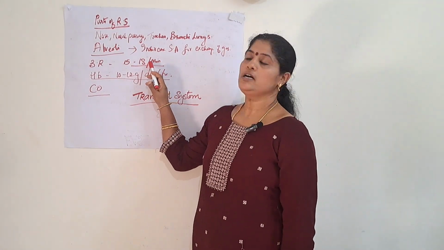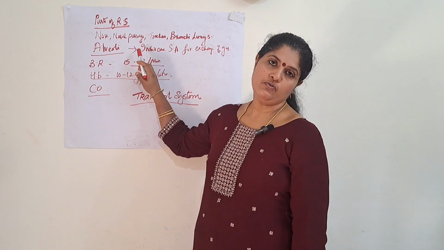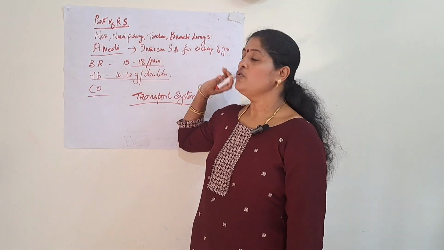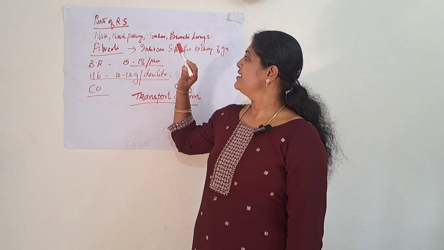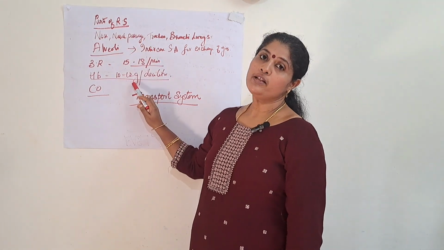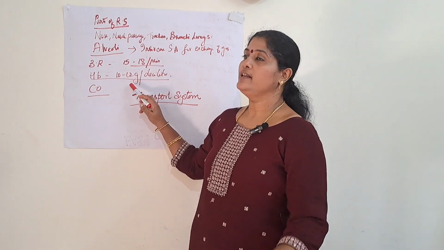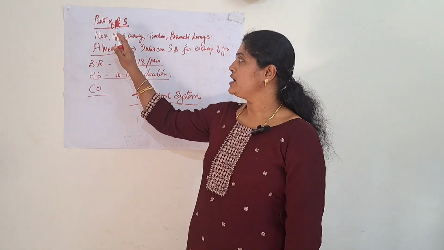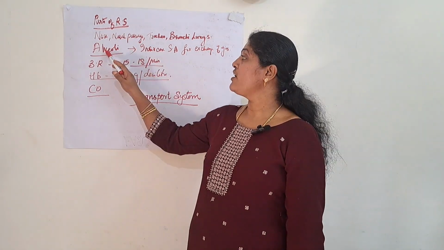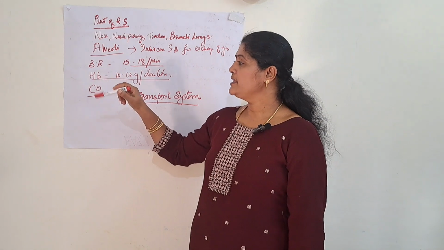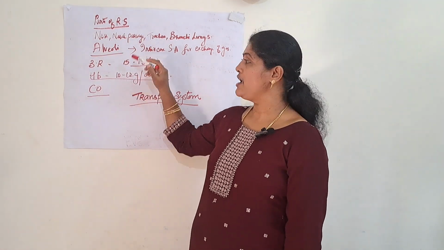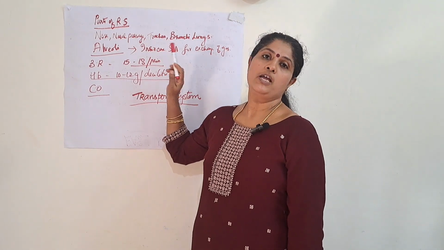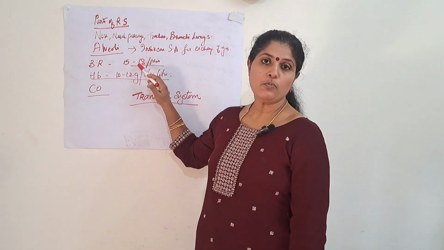I have covered all the important areas which will be asked in the board exam. I hope all have understood this topic, and do go through the parts of the respiratory system, the important functions of alveoli, the breathing rate and the hemoglobin range. It will be helpful for you to get good marks in the board exam.